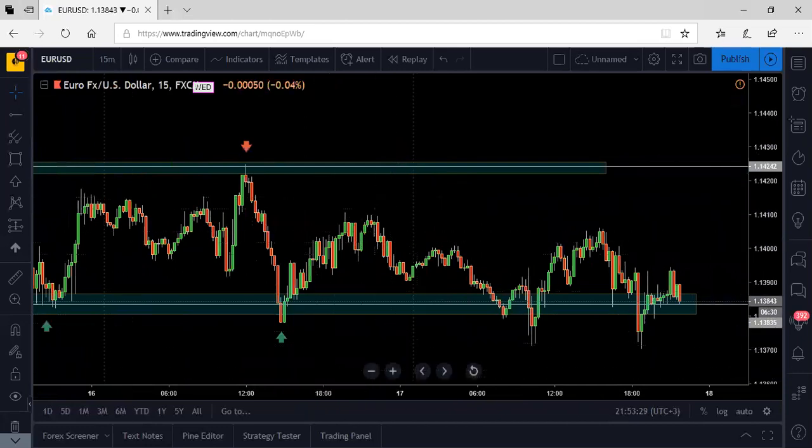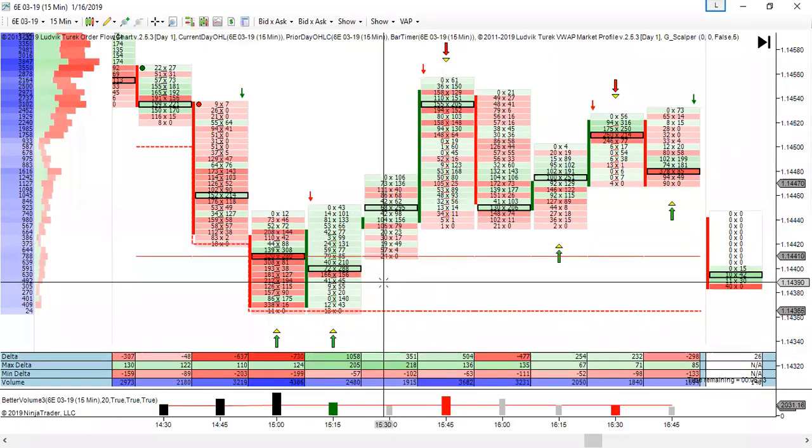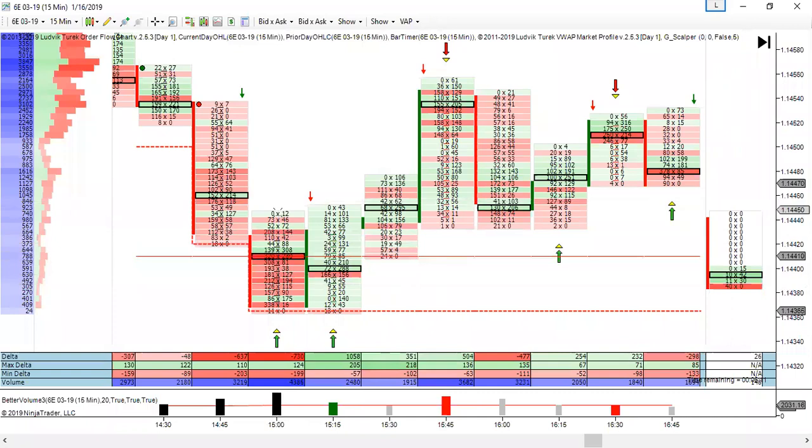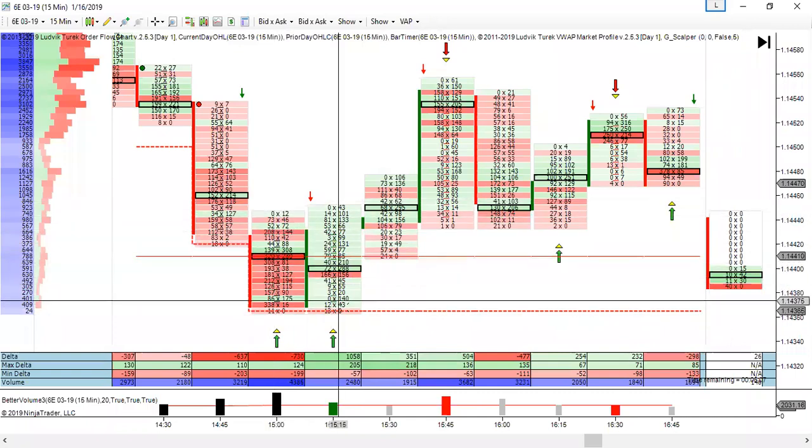Okay, back to my footprint. First, this was the 14:45 to 15:00 candlestick. Now let's see how it shows in the footprint. This is the first candlestick, and this is the second candlestick.